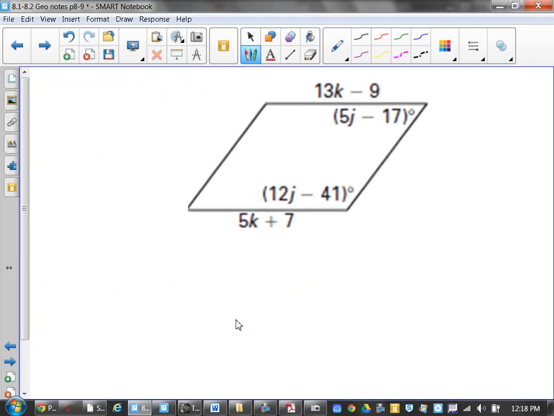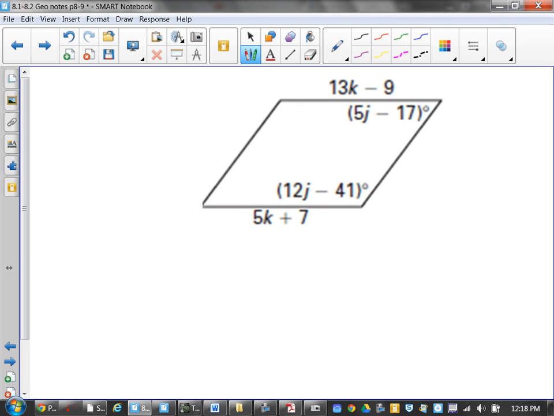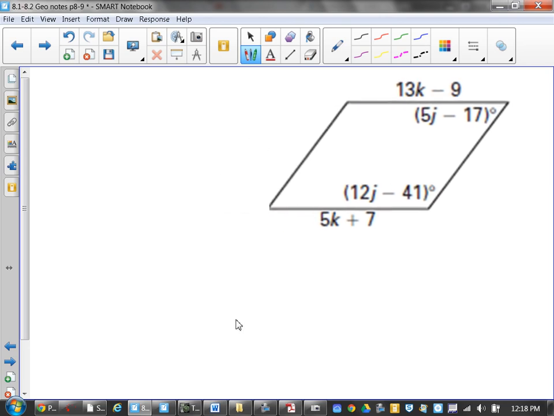So in this case here, this is a parallelogram, and I want to solve for the variables. I want to solve for k. How do I solve for k? It's good.